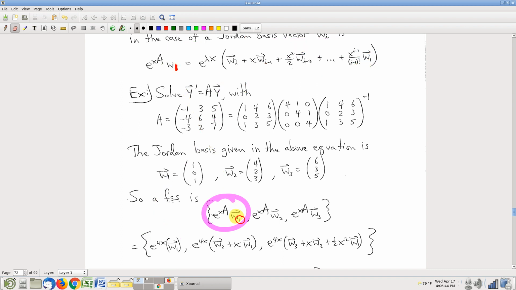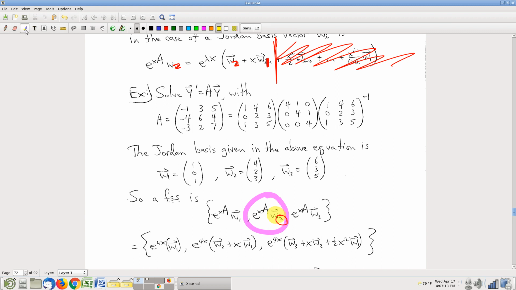Okay, right. So now let's do it for the second one. How do I multiply matrix exponential times the second Jordan basis vector? Well, here i is 2. So that's a 2. That means that's a 2. That means that's a 1, which is our eigenvector, and so we stop.